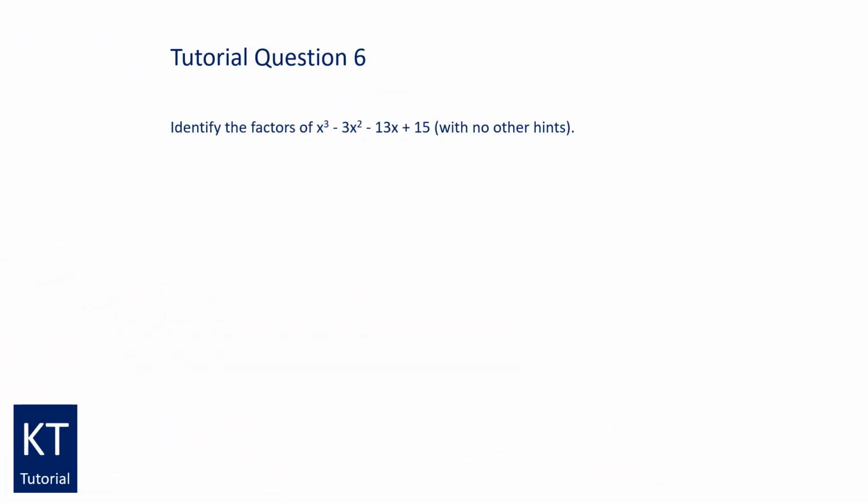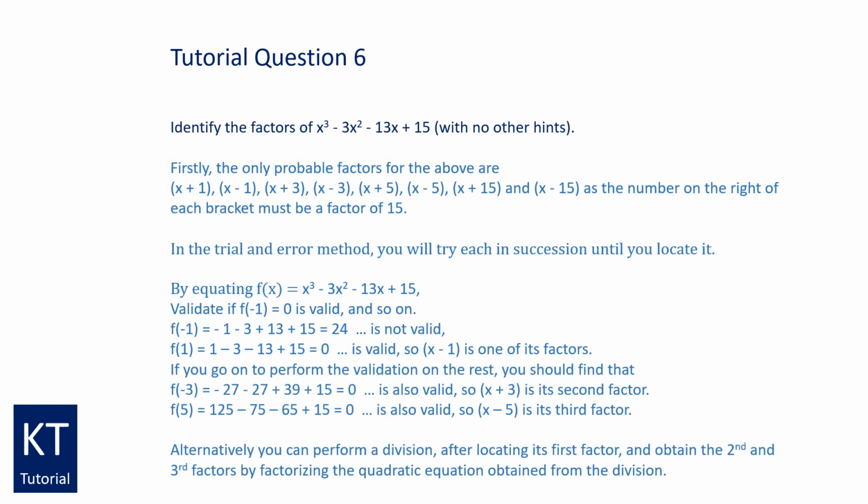Tutorial question 6. Identify the factors of the given cubic polynomial where no other hints are provided. Firstly, the only probable factors for the above are x plus 1, x minus 1, x plus 3, x minus 3, x plus 5, x minus 5, x plus 15, and x minus 15, as the number on the right of each bracket must be a factor of 15.